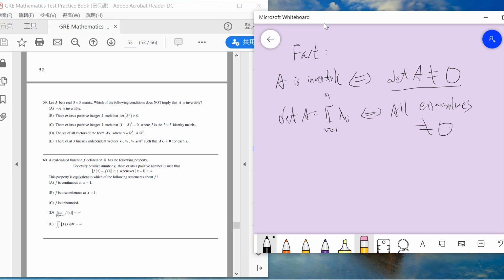It also tells you that the rank of A should be the same as the dimension of the vector space, n, so it should be full rank. And all these are if and only if conditions.